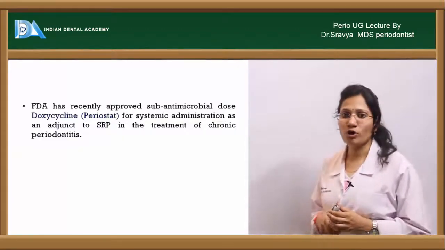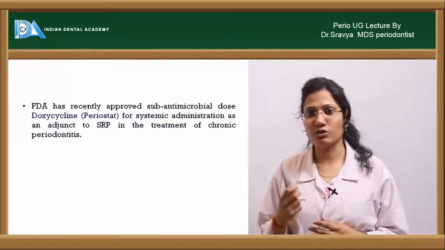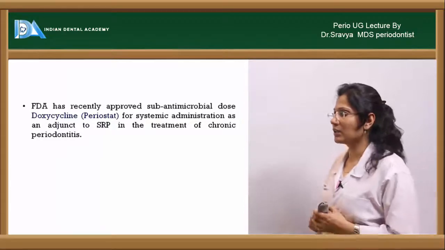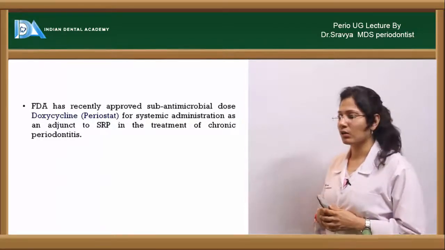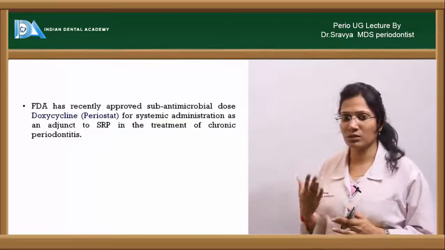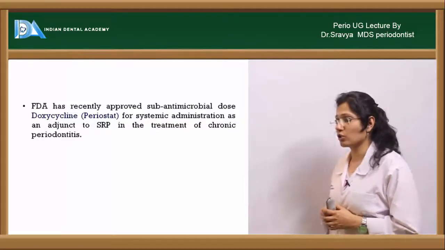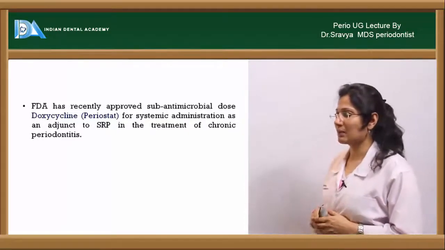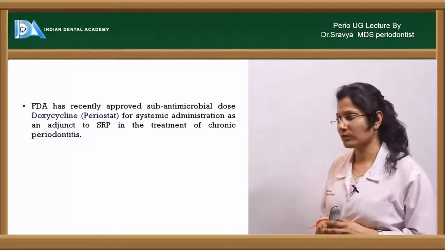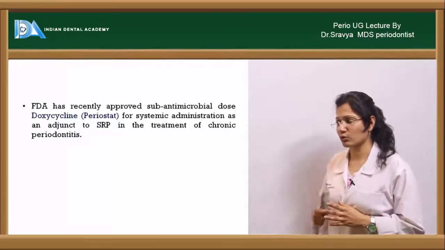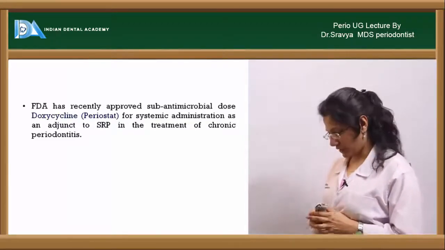Now, the most important host modulatory agent is your Periostat, which is recently approved. The FDA recently approved drug is doxycycline Periostat for systemic administration as an adjunct to scaling and root planing in the treatment of chronic periodontitis.